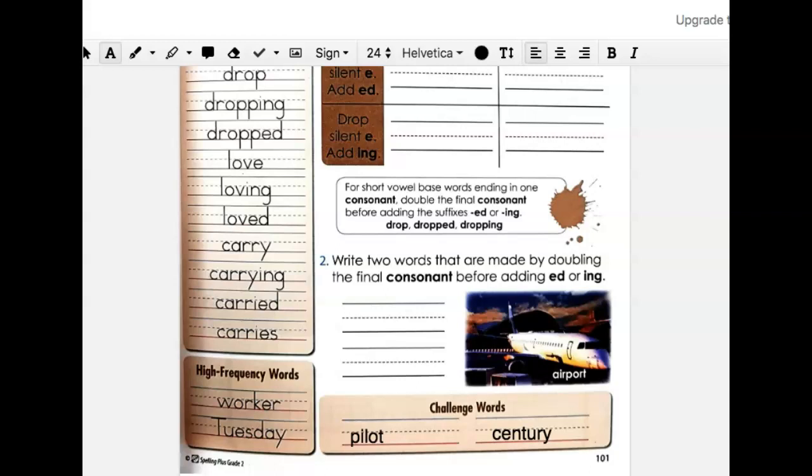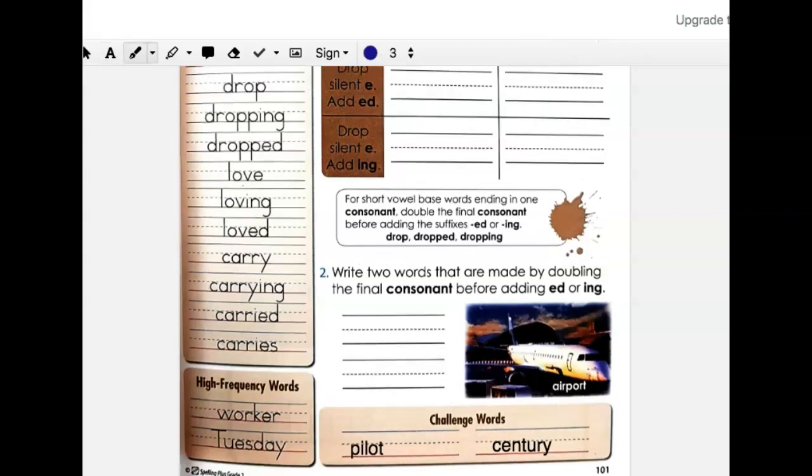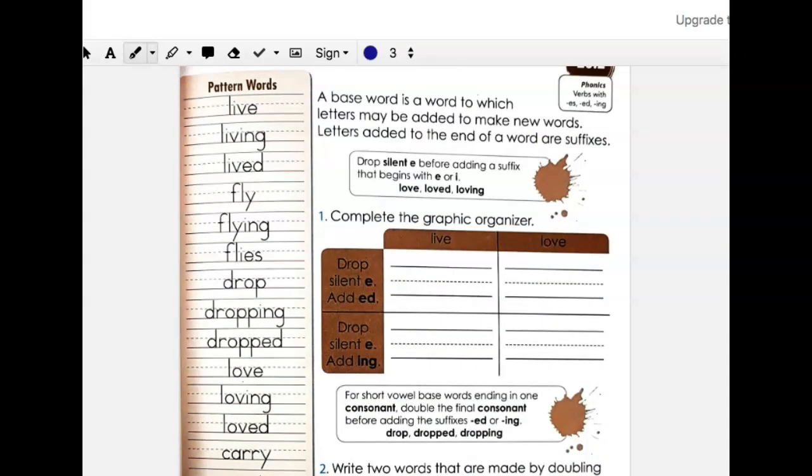Pilot is someone who flies an aircraft, such as an airplane and a helicopter. A century means 100 years. You may notice that this week's spelling words have the same base words, but with different endings.